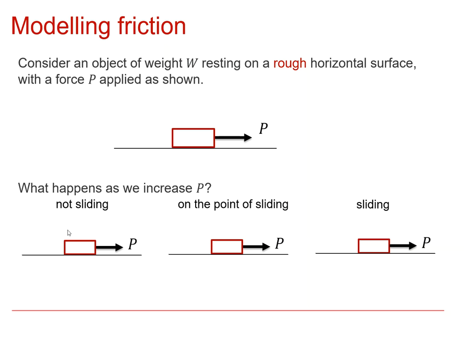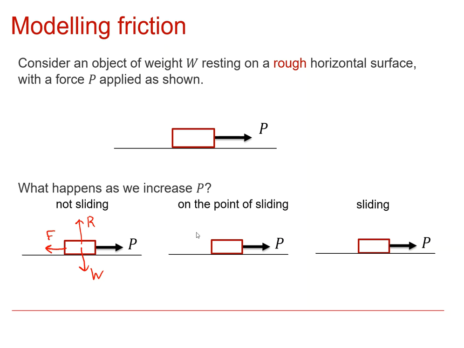There'll always be the weight acting downwards and a normal reaction acting upwards, and the friction will be equal and opposite to P, so that the object doesn't move. So these two forces P and F cancel each other out completely.